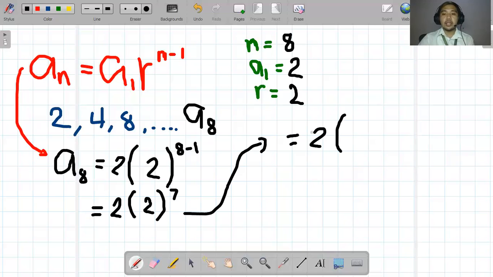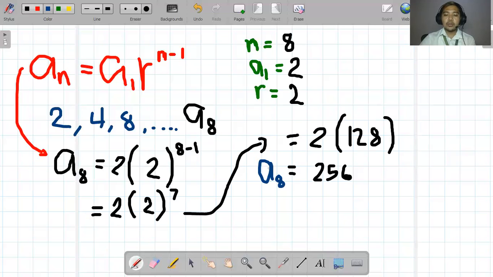If you have your calculator, that would be equal to 128. And then you have to multiply that by 2 because you still have 2 outside the parentheses. So that would be equal to 256. Therefore, a sub 8 that we're looking for is 256.